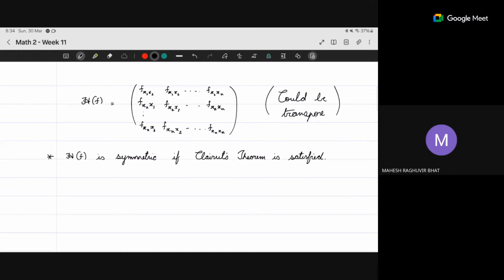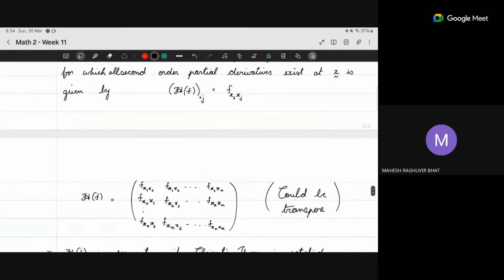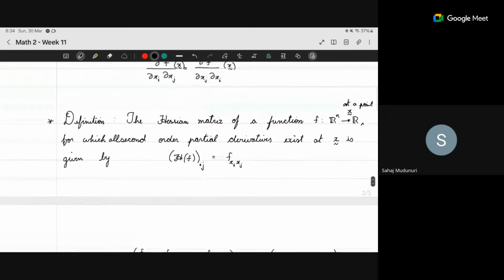Here I'm defining it, so in case Clairaut's theorem is not satisfied, one of them will be correct. Is there an instance where Clairaut's theorem is not satisfied and the matrix exists?